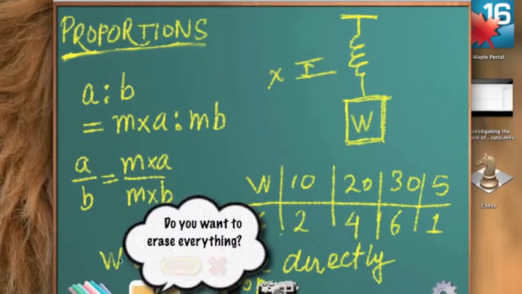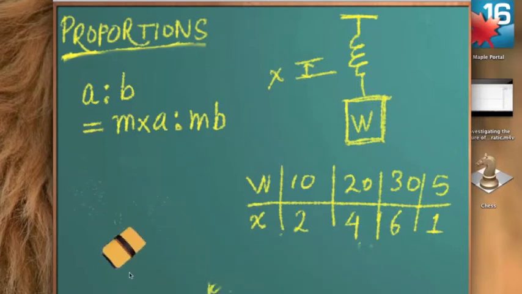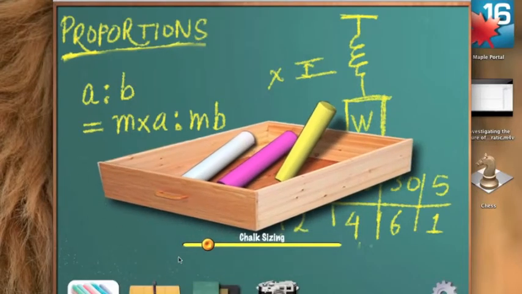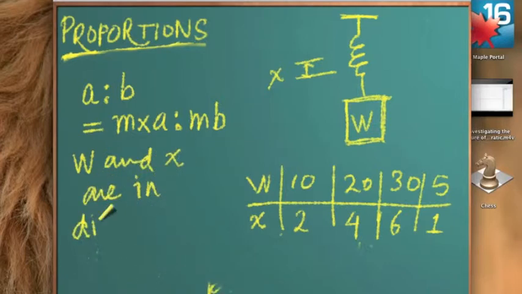Let me write this somewhere else. So let me write it here. W and X are in direct proportion. We make this very important definition.